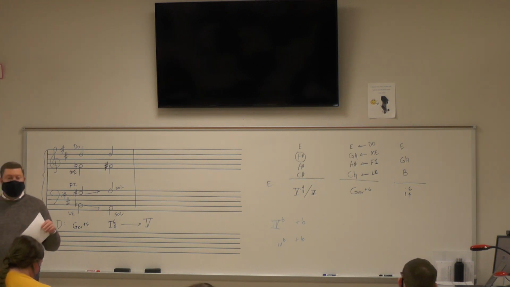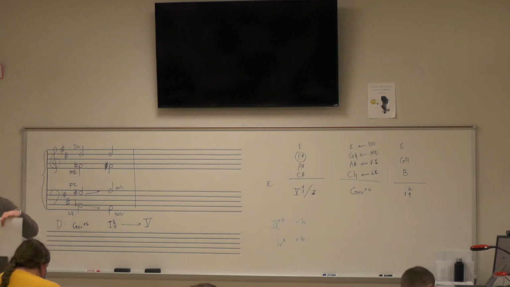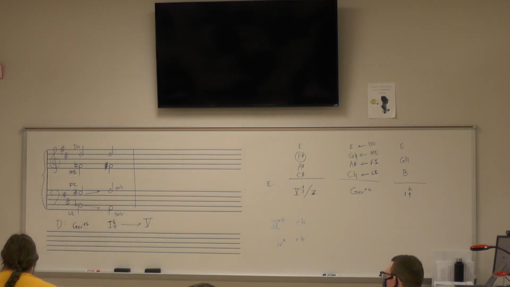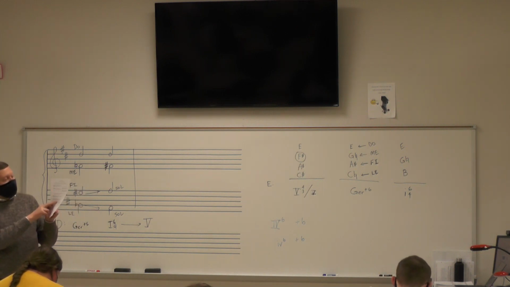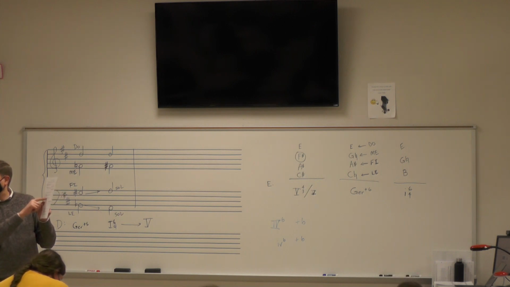Could I have the first two rows, this row and this row, finish out the German 6 and write the two chords it's supposed to go to? And then everyone in the back row, what chord do you think you're going to precede the French 6 with in the middle example? 4/6. Could I have you put that in there and write the last three chords?